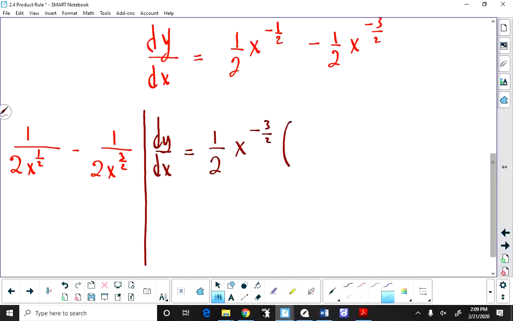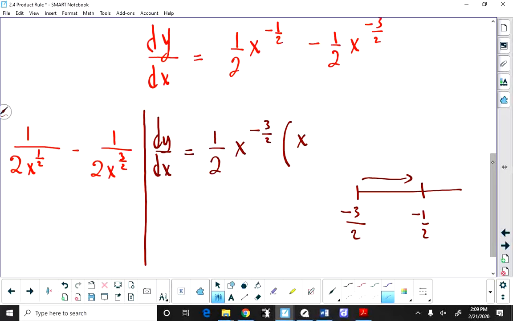So what would we have left? Well, the half is gone. We would have x raised to an exponent, which when added to this exponent gives you negative 1/2. So I want to get to negative 1/2, and I'm adding some number to negative 3/2. I have to add 1.